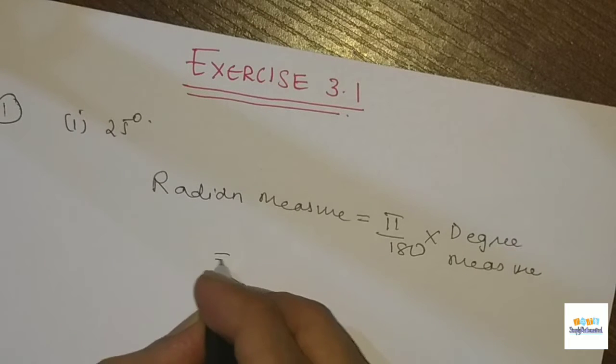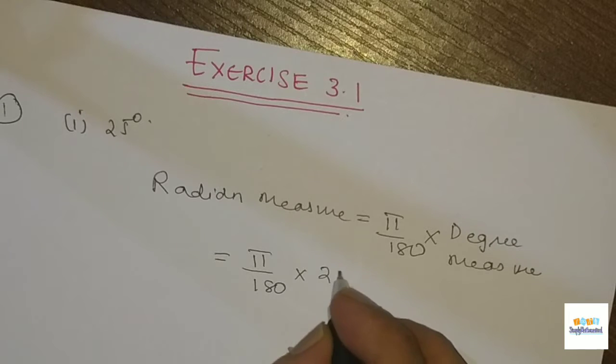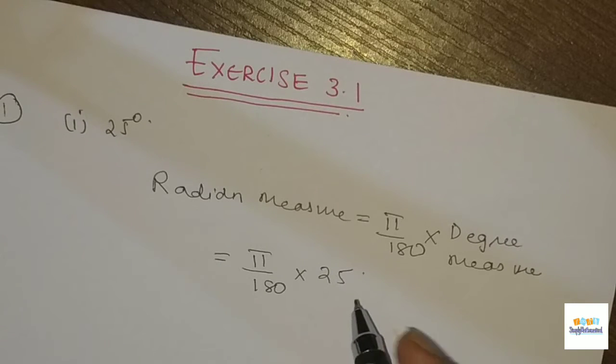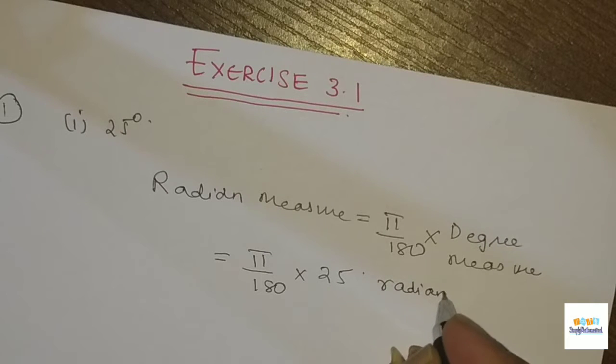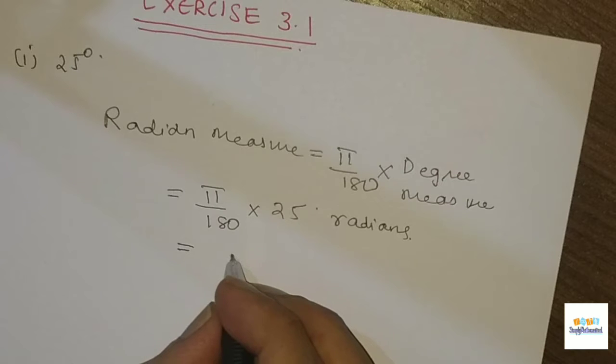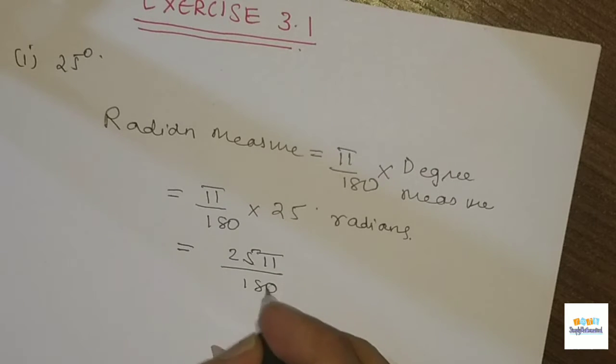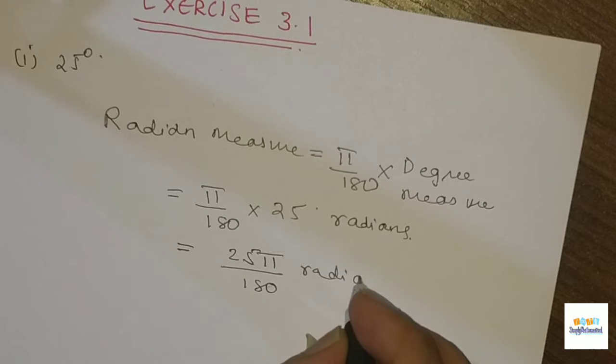Okay, so what you will get here, pi by 180 multiplied by 25. Okay, and since this is the radian measure, the unit of this will be radians. Now this is equal to 25 pi by 180 radians.